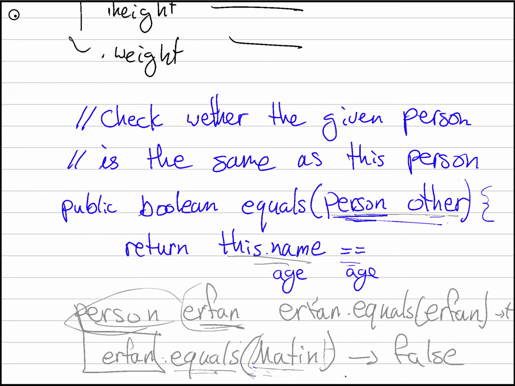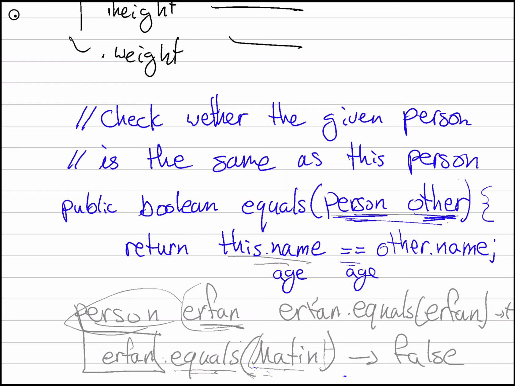How do we get Mateen's name, or the other person's name? I guess this dot other, no, other dot name. Other dot name, yes, because you have other passed in. So right now this would just return whether or not your names match.